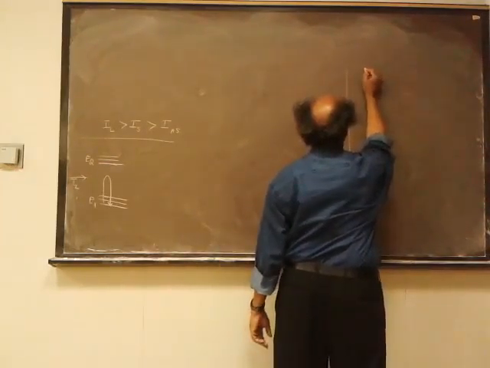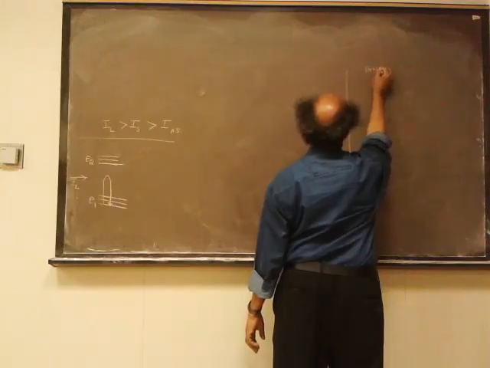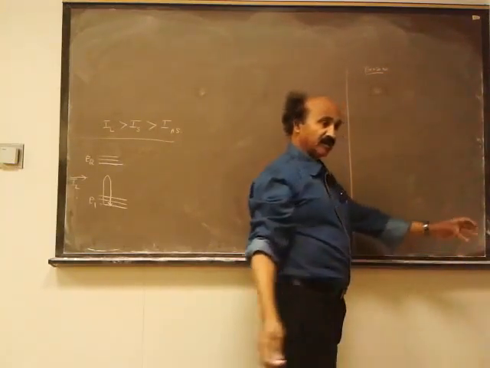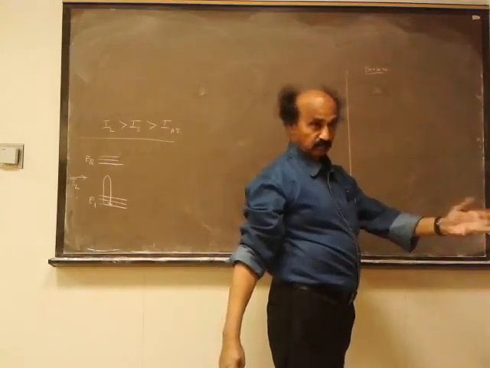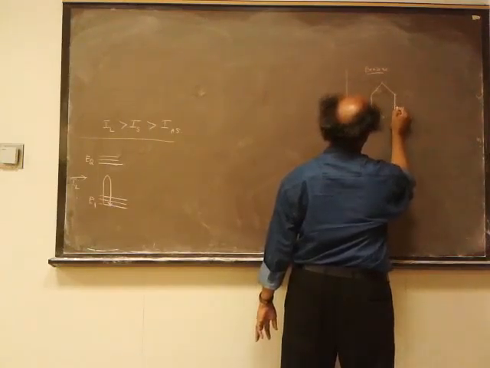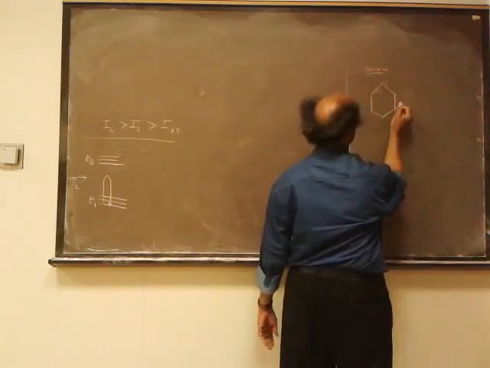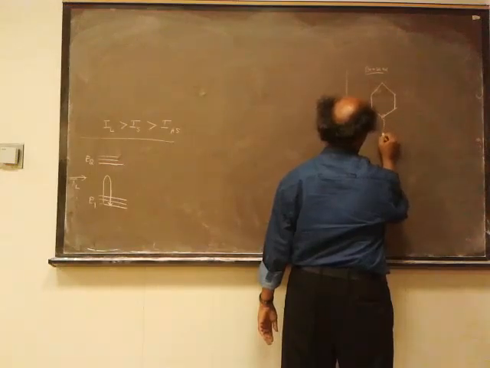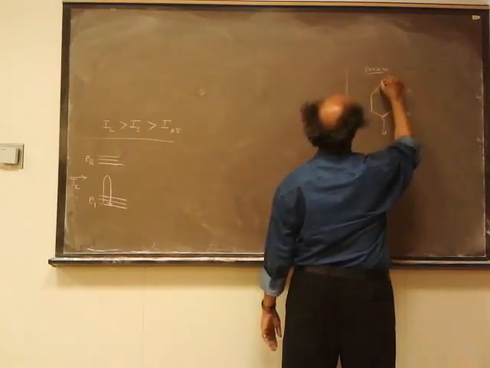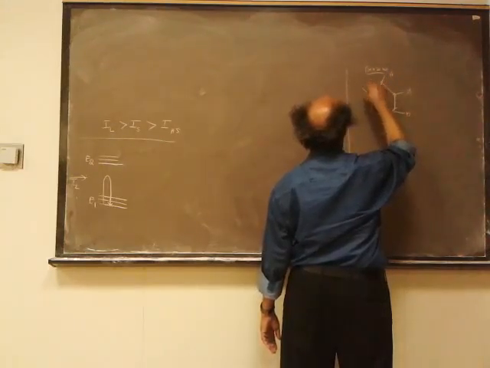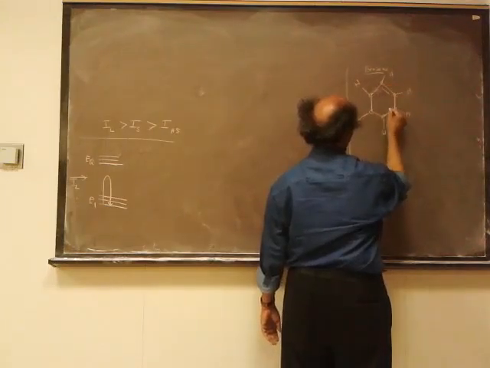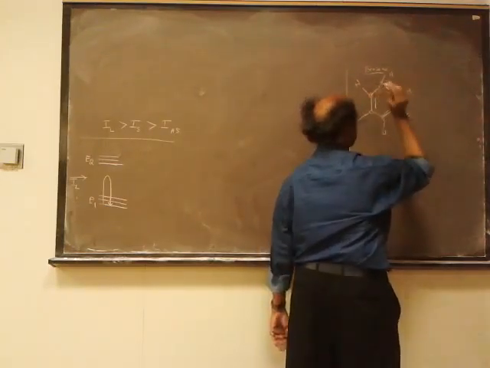Imagine a molecule like benzene. Benzene is common, that is what you see in your petrol. The representation of this molecule is this: benzene, CH, CH, CH, CH, CH, CH, and then you will have bonds like this.